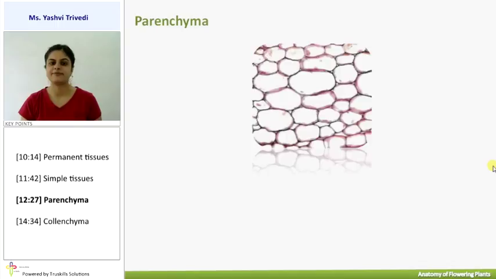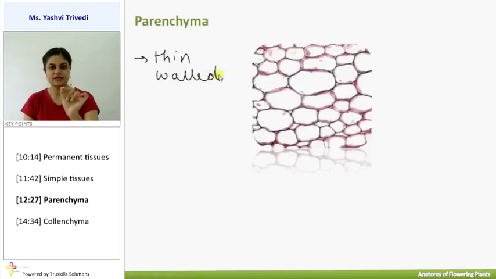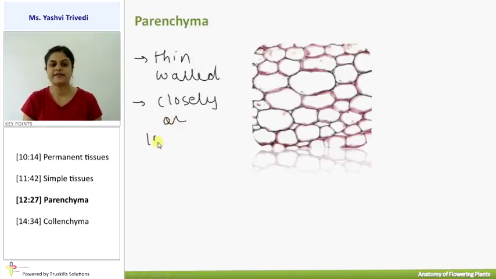Let us see all of them. First is parenchyma. This is the diagram for parenchyma. Now let us see what the type of parenchyma cells are. Parenchyma cells are first of all very thin-walled. If you can see, the cells are very thin-walled in shape. Either the cells will be closely arranged, as you can see in the diagram, that is, they won't have any intercellular space in between, or they will be loosely arranged with intercellular space in between.